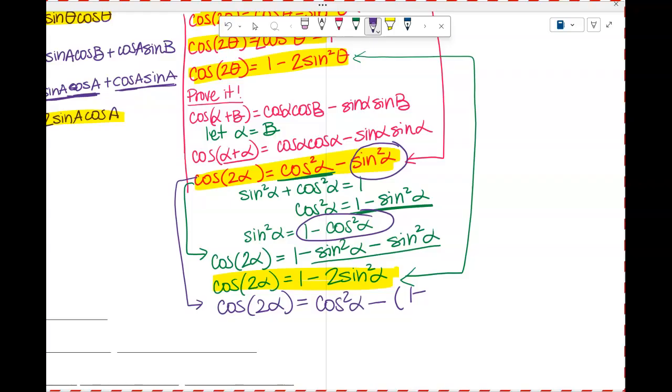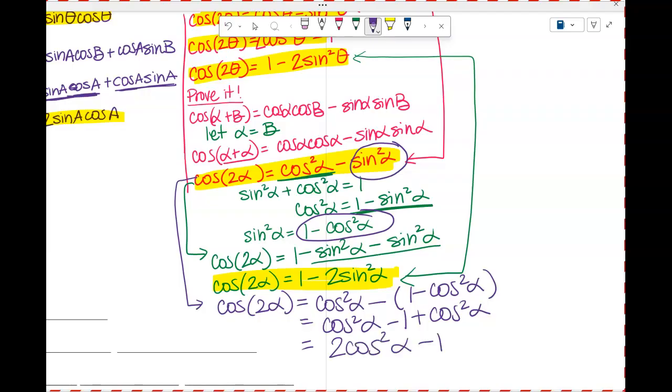So this is going to become cosine square of alpha minus 1 plus cosine square of alpha. As you can tell where this is coming from, right? Because cosine square plus another cosine square is 2 cosine square. And so that is 2 cosine square of alpha minus 1.